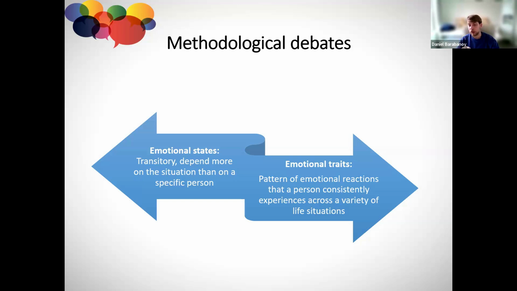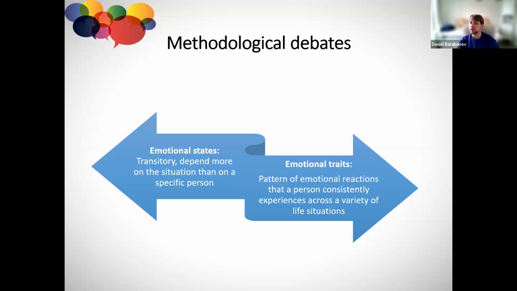Emotional traits, on the other hand, are patterns of emotional reaction which a person consistently experiences across a variety of situations. For example, some people are naturally more prone to anger, and they become irritated and angry quite fast in different situations.